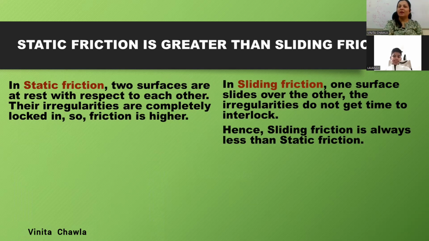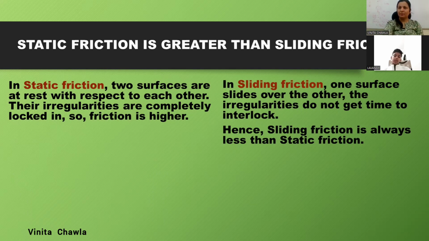One object is moving over the surface, so there is less time for the irregularities to get interlocked. But when it is kept on the surface, it has more time to get interlocked. In static friction, irregularities are completely locked in and therefore it is greater. In sliding friction, irregularities are not completely locked in and therefore it is smaller.